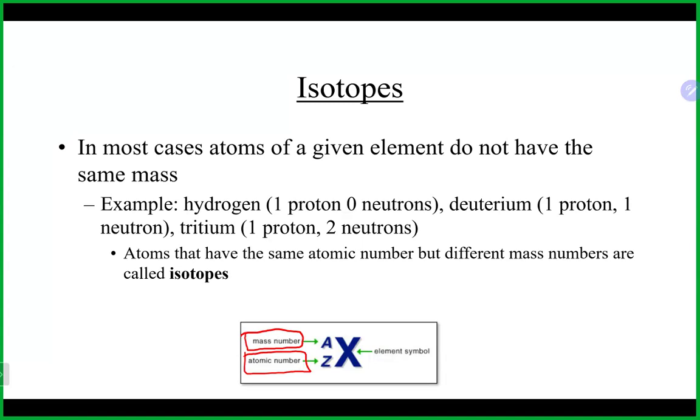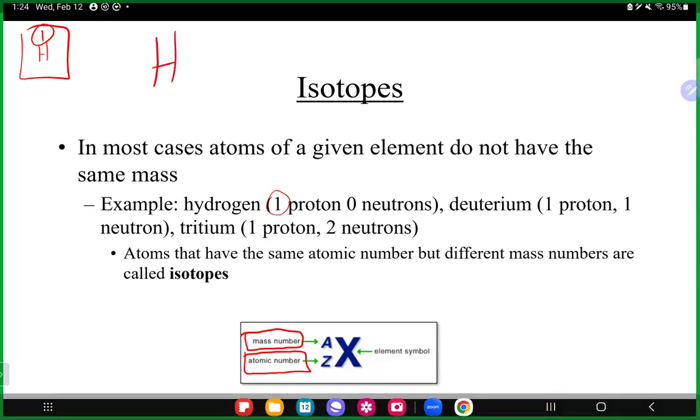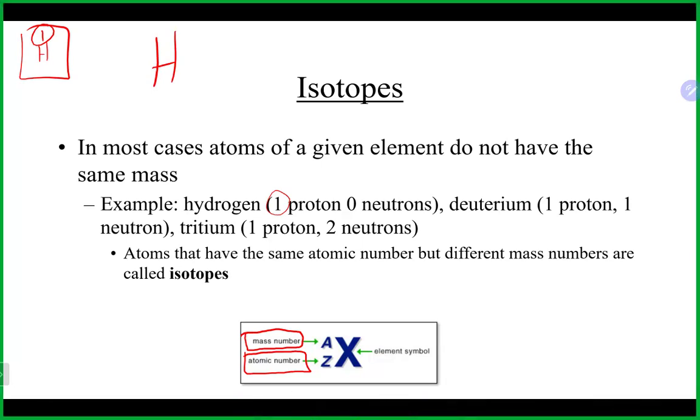As an example, if we deal with hydrogen, we know it has 1 proton. That would be the atomic number, which means we would just go to the periodic table if you weren't sure what its symbol would be, and you would find number 1, and it will tell you that the symbol for hydrogen is H. Its atomic number, which is 1, goes on the bottom.